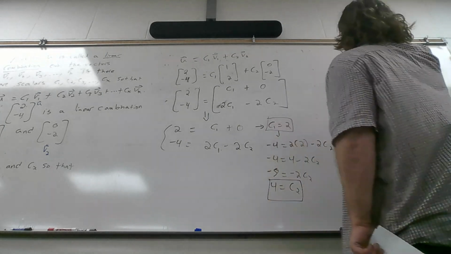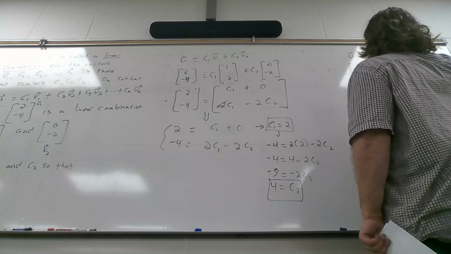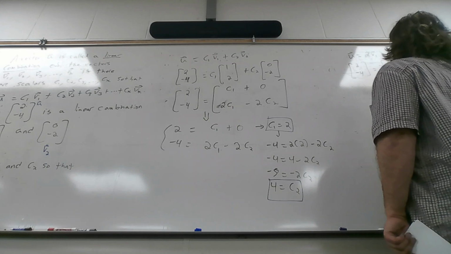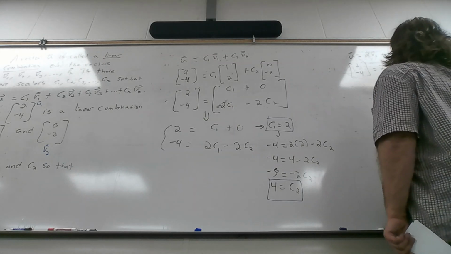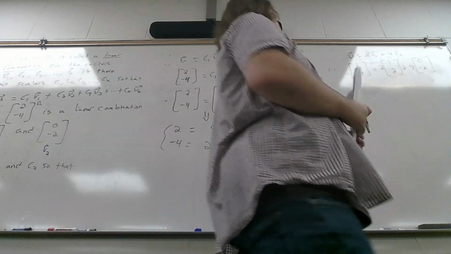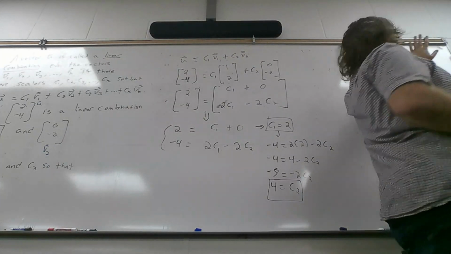Now let's actually make sure that it works. So 1, 2, plus 4, 0, minus 2. Okay, do the first numbers agree? This is 2. This is 2 times 1 plus 0, so it's 2. Great.